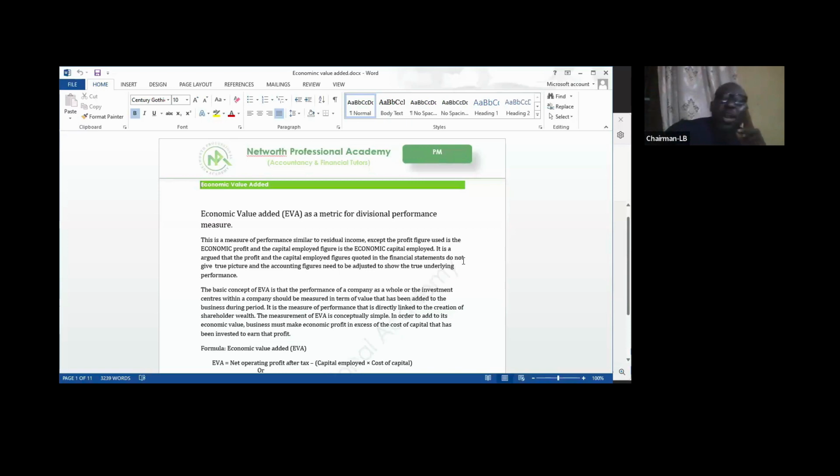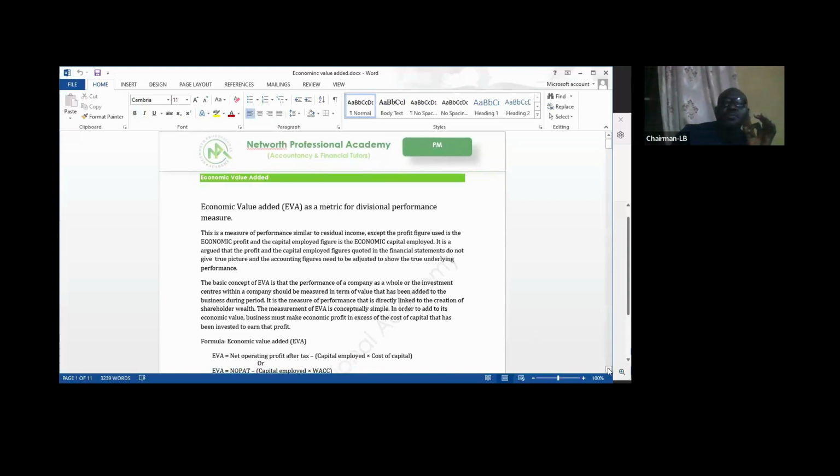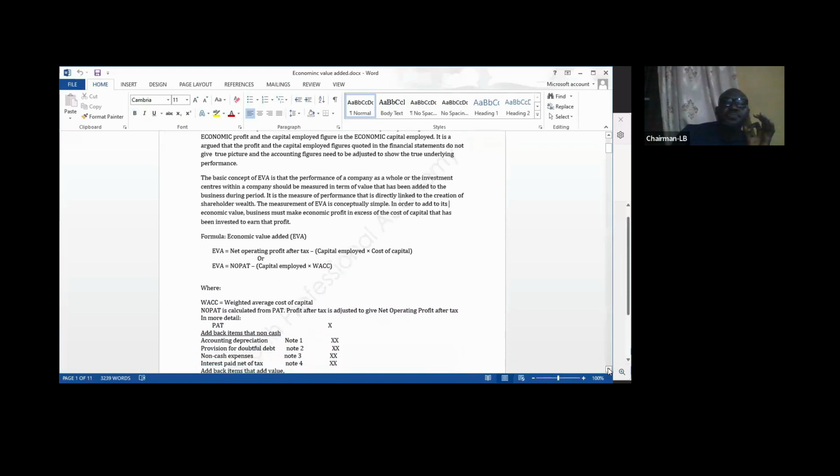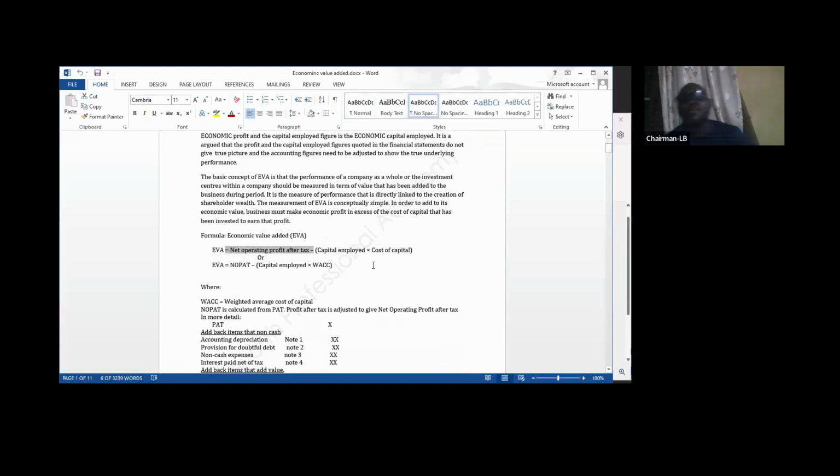Now, if you are to calculate economic value added, it is calculated as your net operating profit after tax minus, open bracket, capital employed multiplied by the cost of capital.